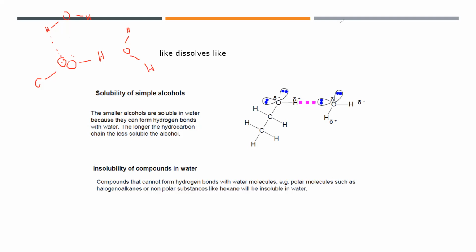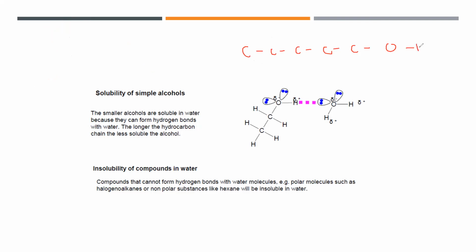But as the number of carbons increases, the solubility of alcohol decreases. Why does solubility decrease as the number of carbons increases? Because the carbon chain has symmetry, so it will have dipole induced dipole force. As the number of carbons increases, the dipole induced dipole forces increase. That is why the solubility will decrease.